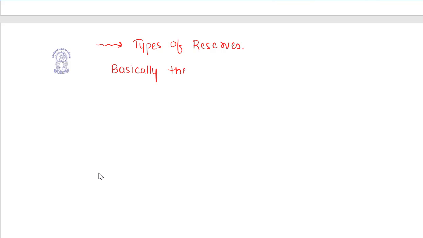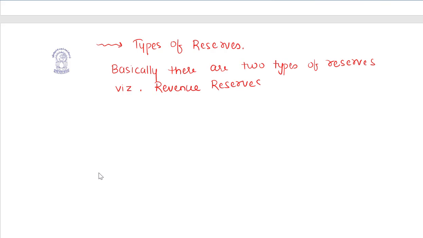Basically, there are two types of reserves: revenue reserve and capital reserve.